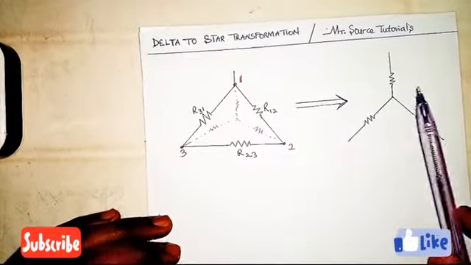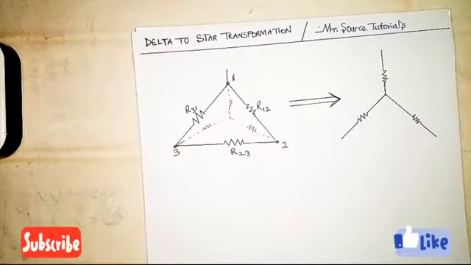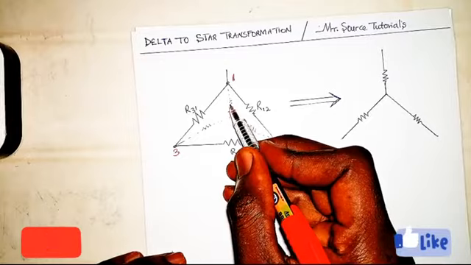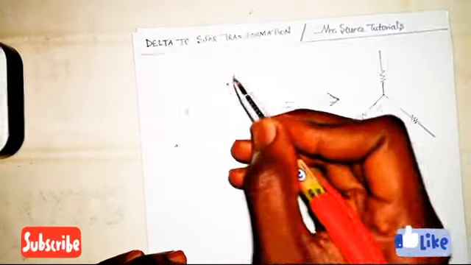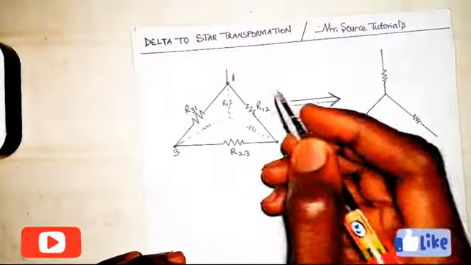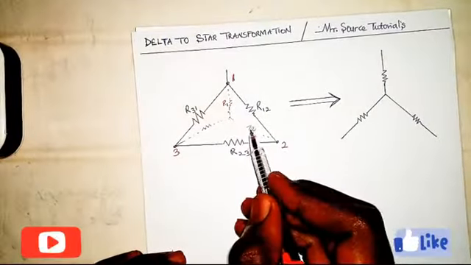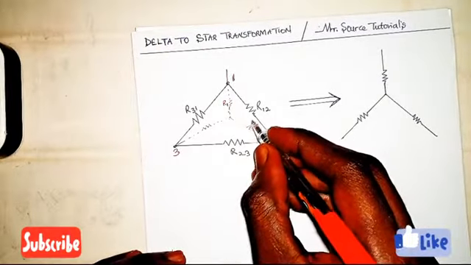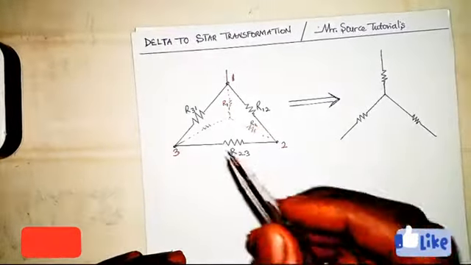So it's worthy of note for you to know what to do next. Look at this middle resistance here in the star connection. It's connected to point 1. You call this R1. Look at this one that is connected to here. It's connected to point 2. Call this R2. And this one is connected to point 3.